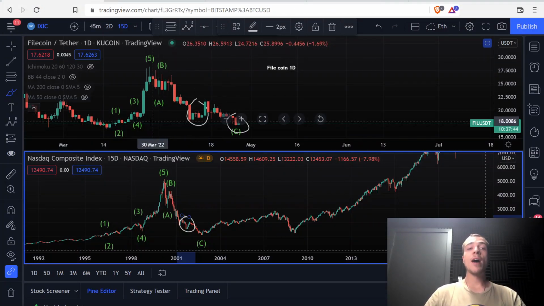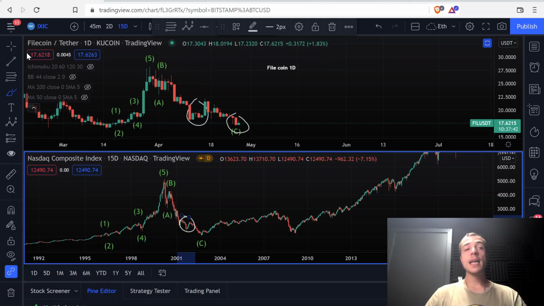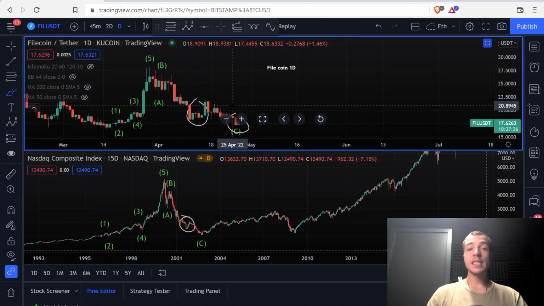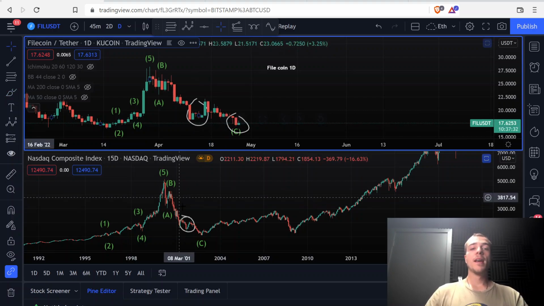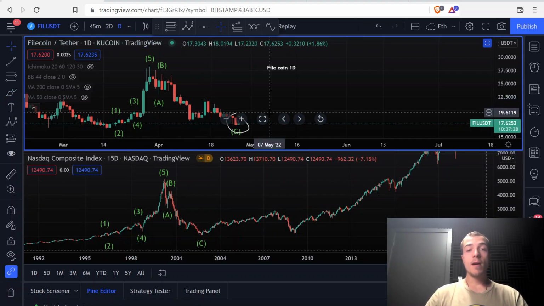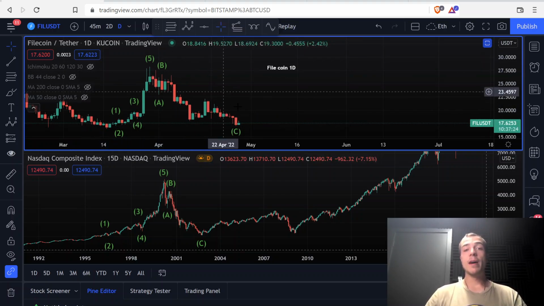So whether you're on the daily time frame or the 15-day, it doesn't matter. If you're in depression, then people are selling their investments in that cycle. And that's what we see here with Filecoin, people are panic selling their investments because of this 5 wave up and this ABC.